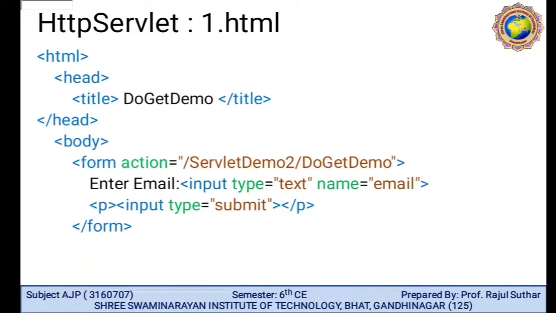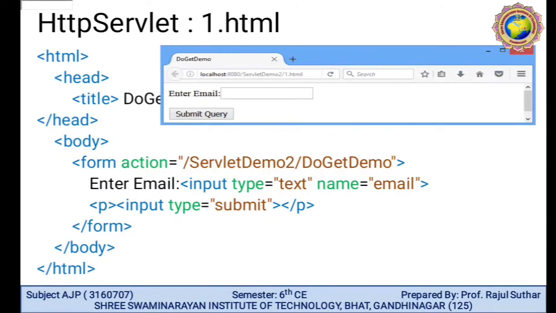Input type is text, name is email, input type is submit. So for this HTML document, what is the output? Simple: enter the email and one text box. This input type is text, so this text box appears, and input type is submit, so this submit query is available.